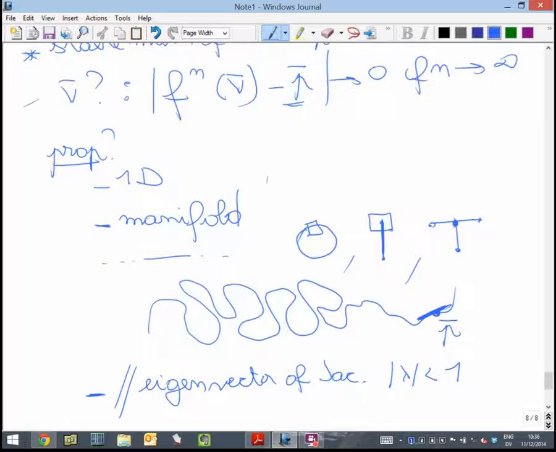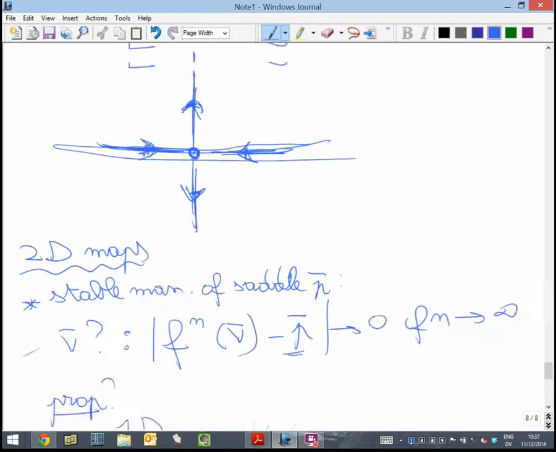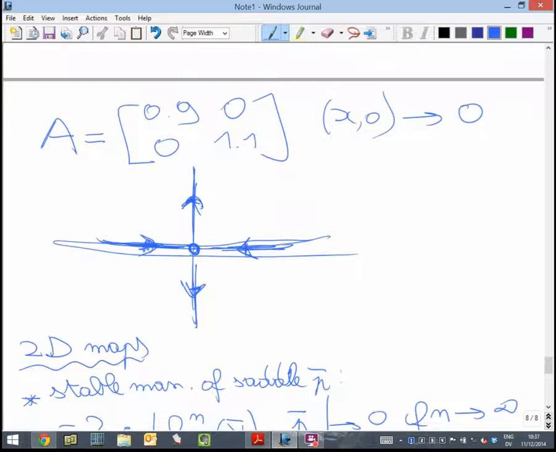Again, we can see that quite trivially in the linear case. Here our eigenvector was located along the horizontal axis, and indeed our stable manifold, the x-axis, is actually equal to the horizontal axis.